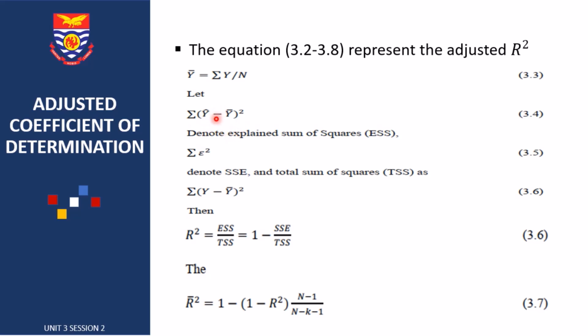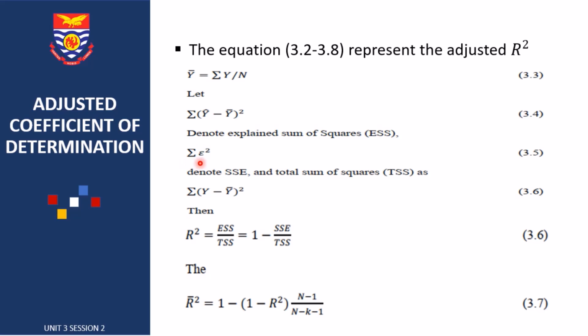So here in our equation we can see that this represents the error term. The estimate minus the average will give us the error, so this denotes the error sum of squares.